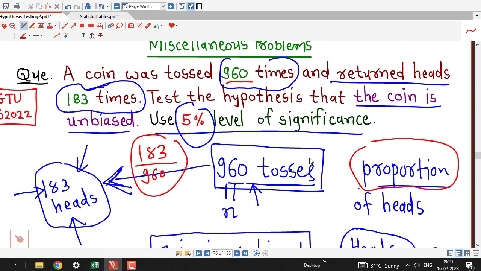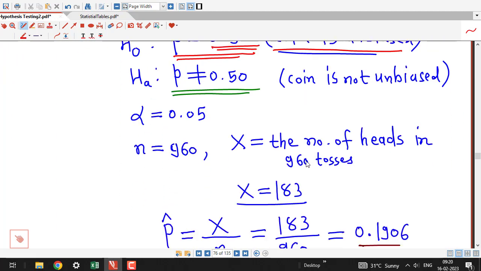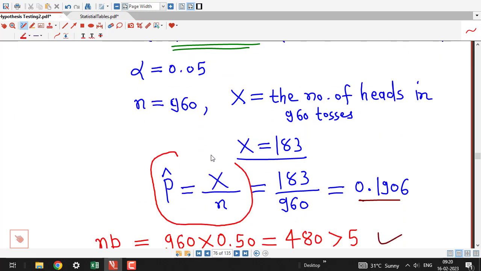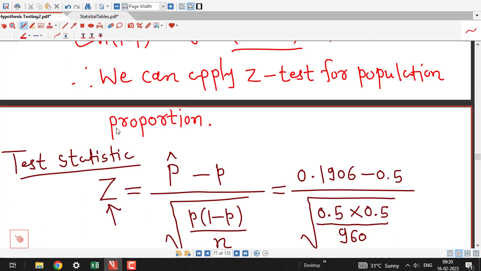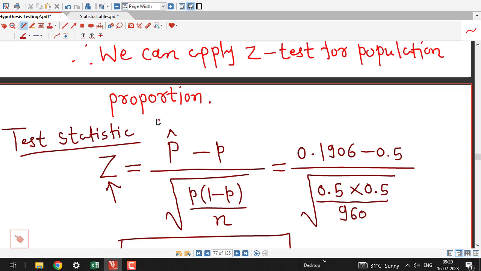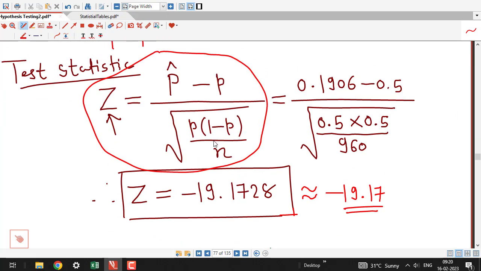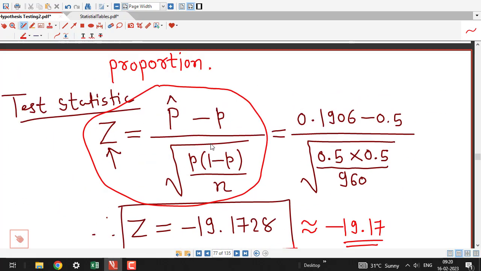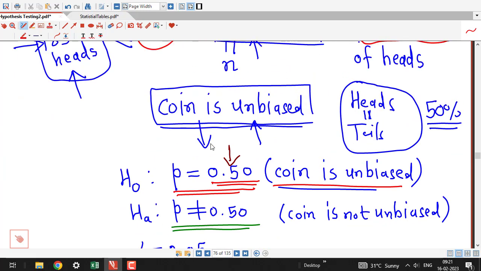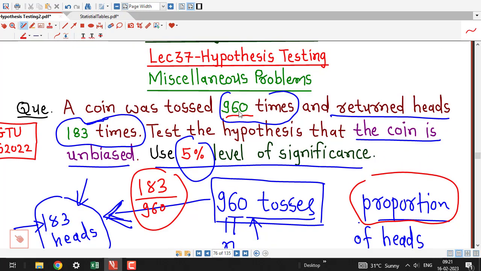So you have to decide the sample proportion using the formula p hat equal to capital X by n, and then if this condition is satisfied, you can apply the Z test for population proportion. You should remember this formula for the test of population proportion, and then you compare your calculated value with the critical value and take the decision. Here our decision is that the sample data does not provide enough evidence to suggest that the coin is unbiased because we reject the null hypothesis.